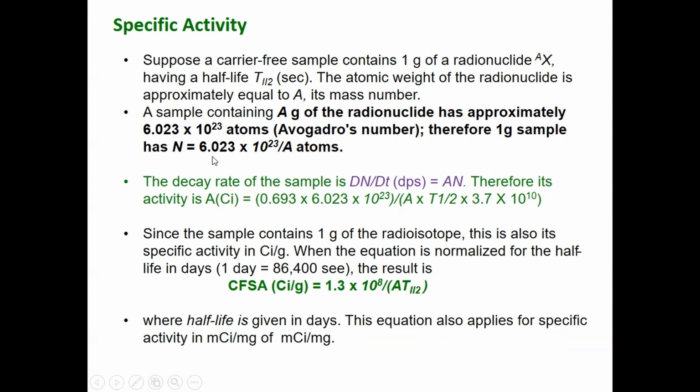Therefore, 1 gram of the sample will contain N equal to the Avogadro number divided by A.